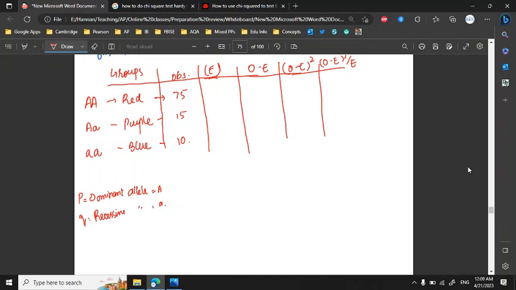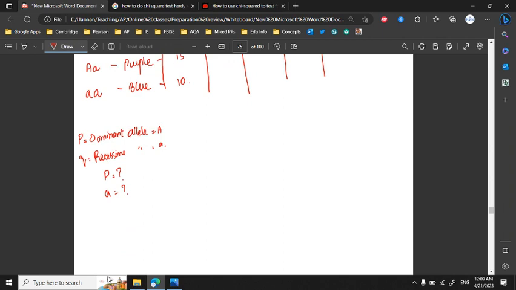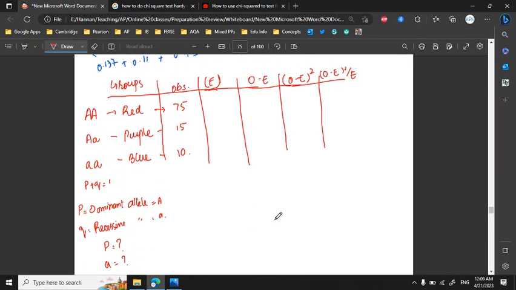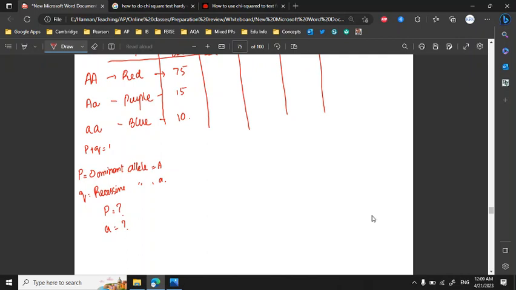Now if I ask you to find the frequency of P, the dominant allele, and the frequency of the recessive allele, you first have to realize this thing: when we do the Hardy-Weinberg equilibrium, we say that P plus Q equals 1. So to find the probabilities of P and Q, you must first realize that your value must be between 0 and 1.